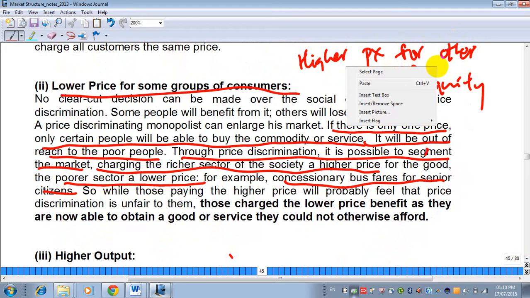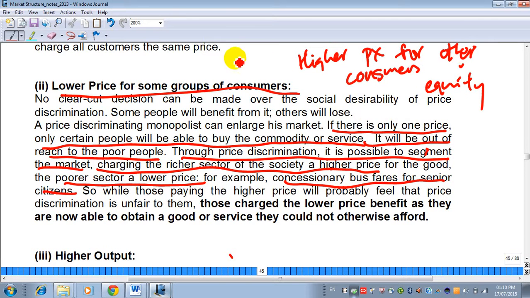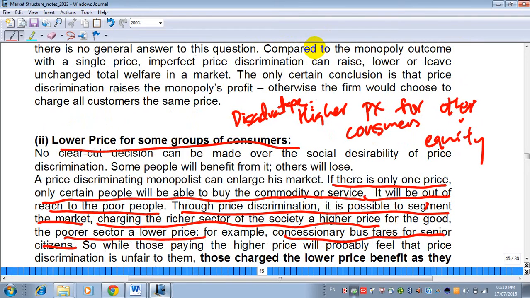So this would be a disadvantage. For certain consumers, some of them would have to pay a higher price. Another disadvantage, which I talked about in the beginning of this video, is the loss of consumer surplus.